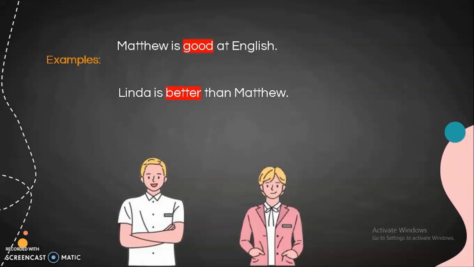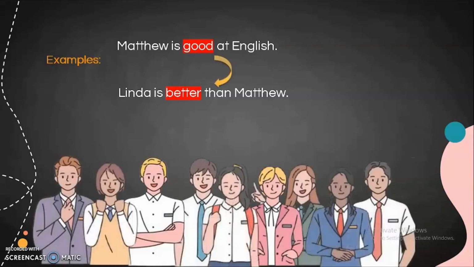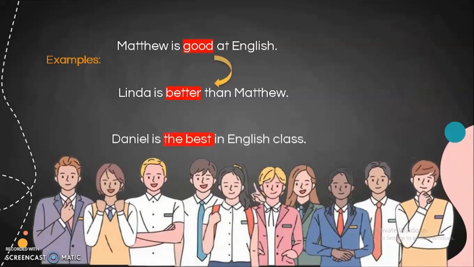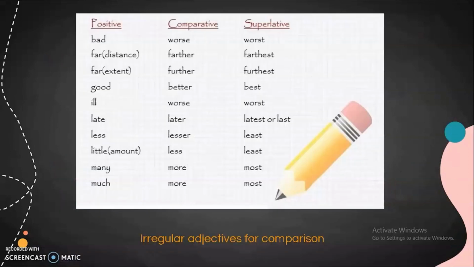Linda is better than Matthew, and it becomes the best in superlative form. Daniel is the best in English class. This table below gives you some irregular adjectives for comparisons.